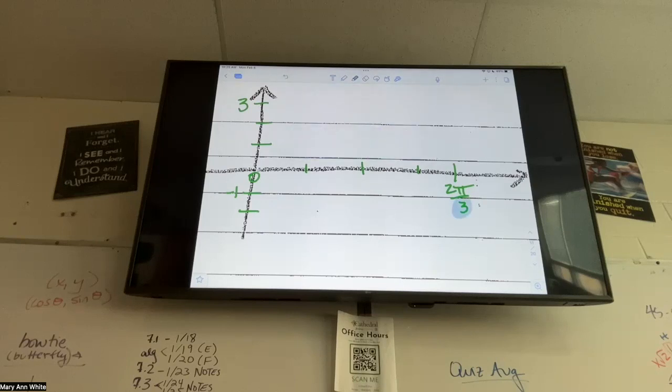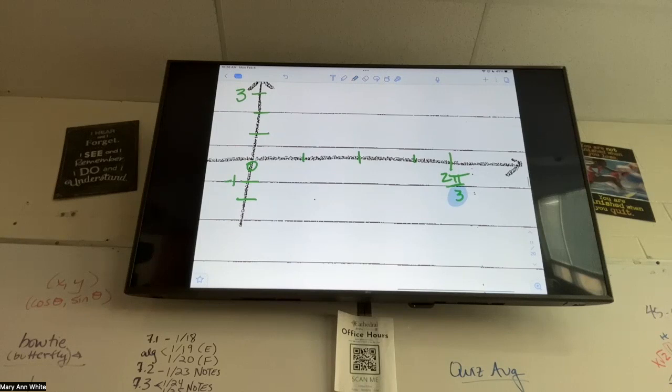So I'm going to take my normal points and divide them by 3. You can think of it as pi over 2 divided by 3, or times 1/3, which makes my first point pi over 6. I can think of it as pi times 1/3, which is going to be pi over 3. And then 3 pi over 2 times 1/3 is just going to be pi over 2.